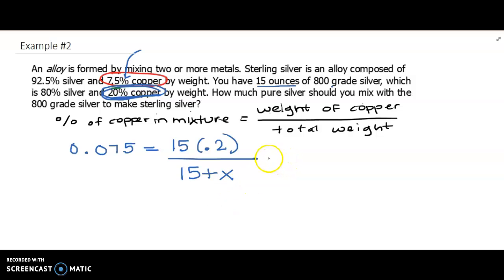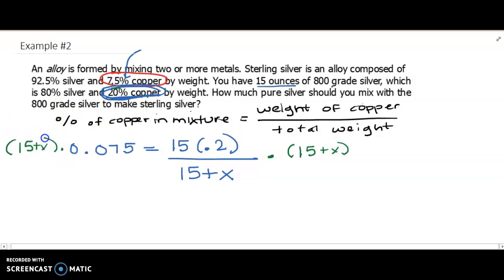Anytime we have a fraction, first thing I want to do is multiply by the denominator. So I'm going to multiply by 15 plus X. When I do that, these cancel out, and I'm left with 15 plus X times 0.075, and that's going to equal 15 times 0.2.